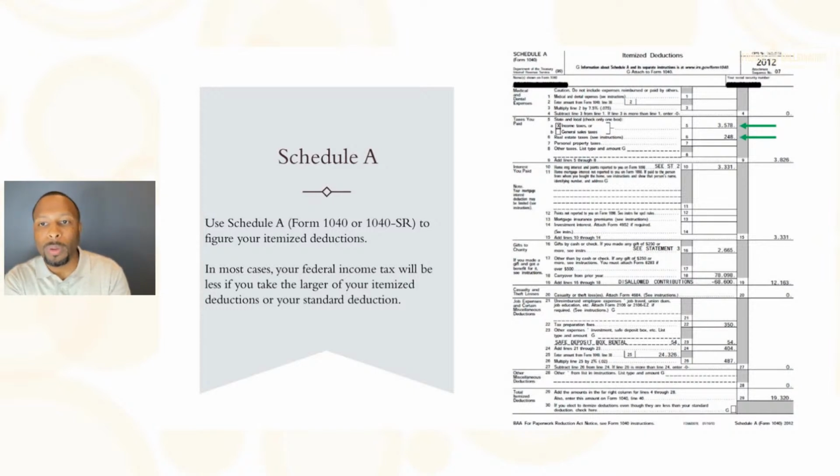Those two combined make up a grand total of 3826. So when we look at the deductions, make sure you don't leave anything out. Include all of your taxes, whether it's income tax, sales tax, or property taxes.